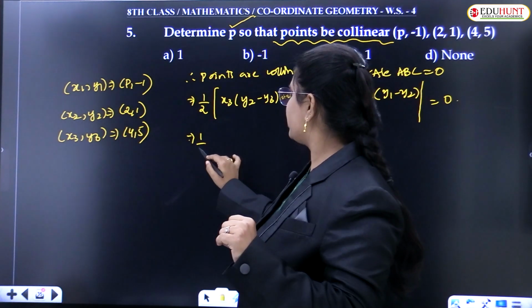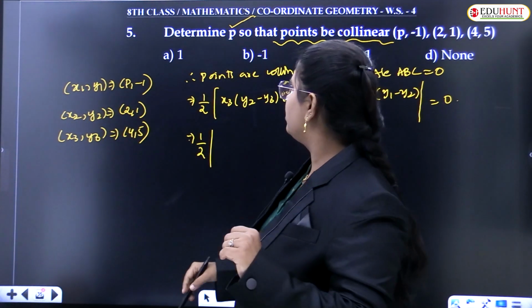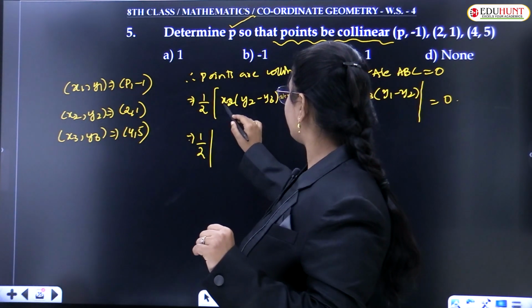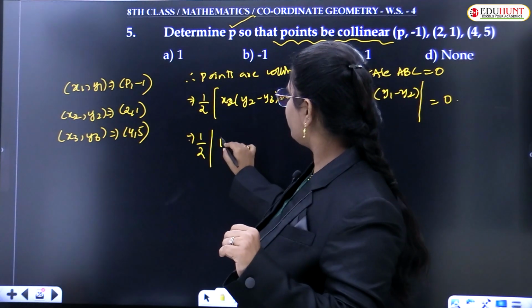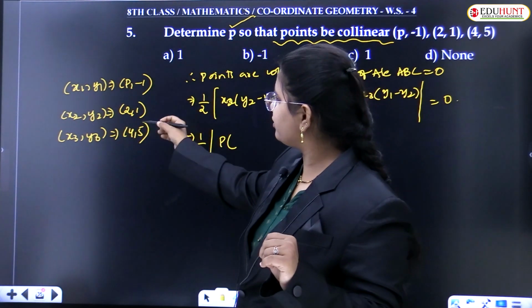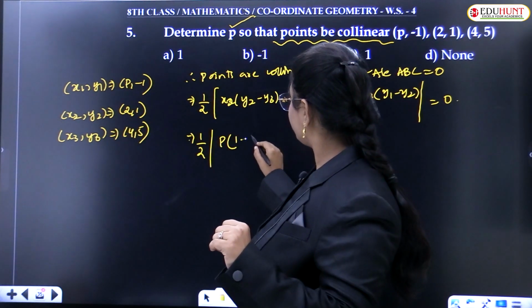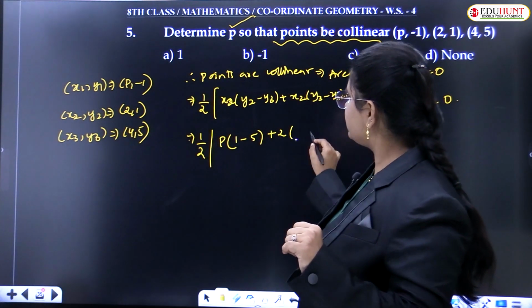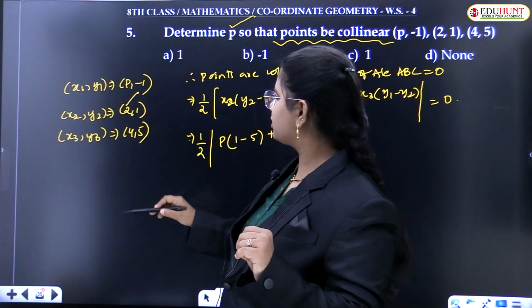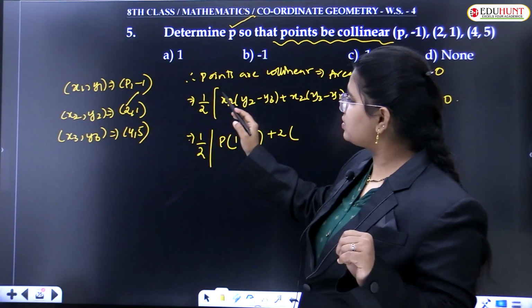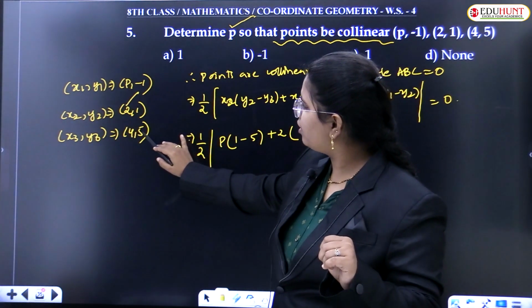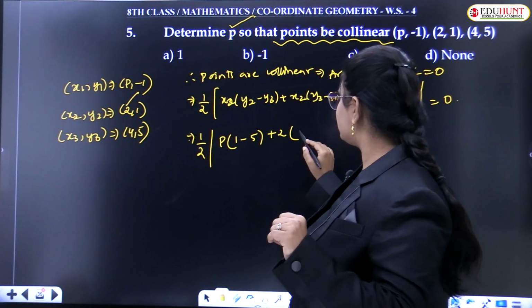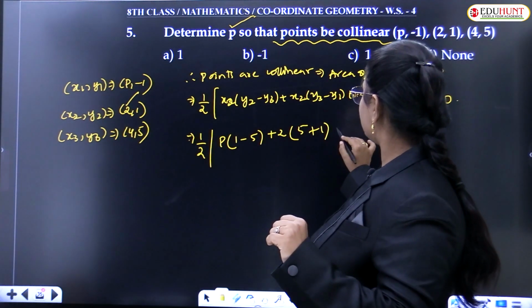So what am I going to get? Half, bracket open, what is x1? x1 is P, into y2 minus y3, 1 minus 5, correct? Plus what is x2? x2 is 2 here, y3 minus y1, 5 minus of minus 1 is plus 1, 5 plus 1.